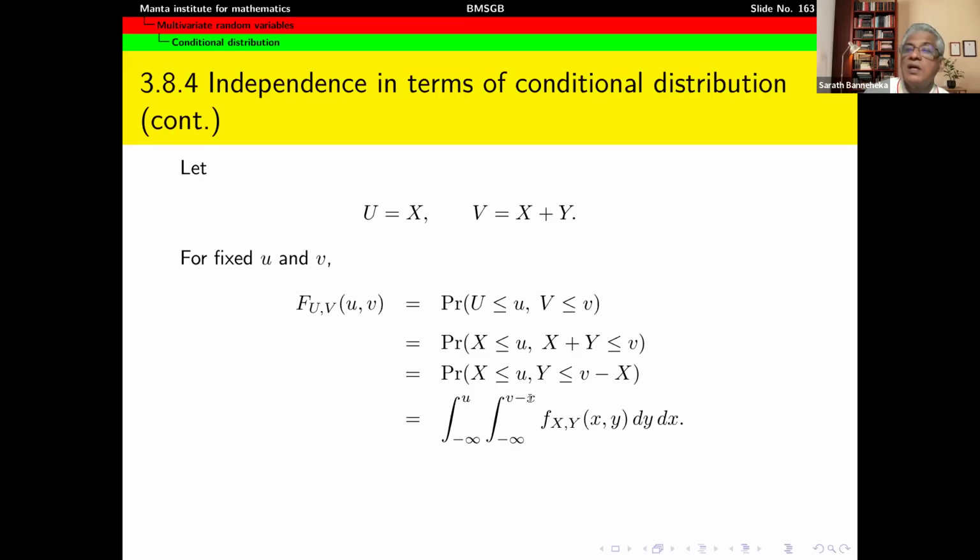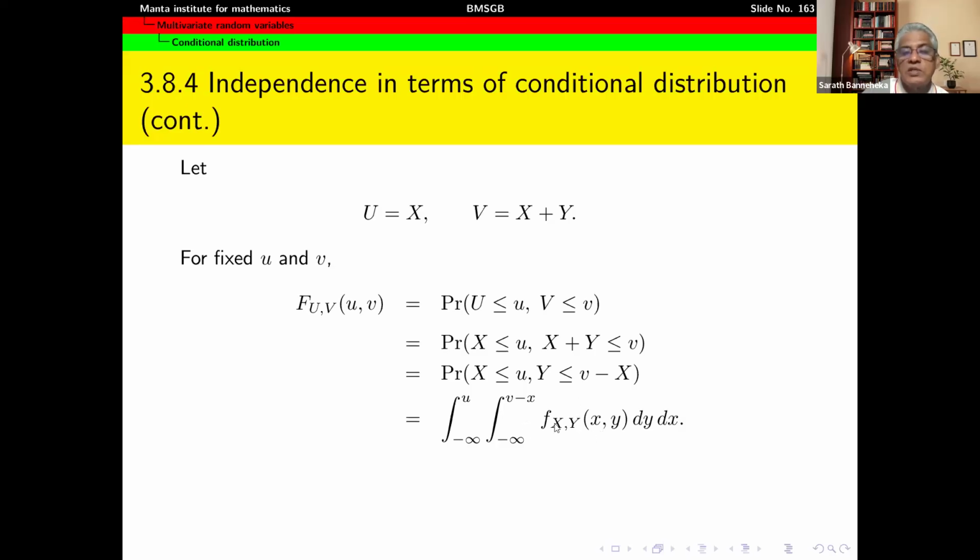And that x then has to change from minus infinity to u, because x has to be less than u. So that's why the probability is given by this expression here.